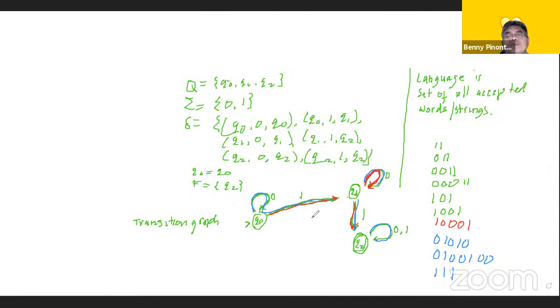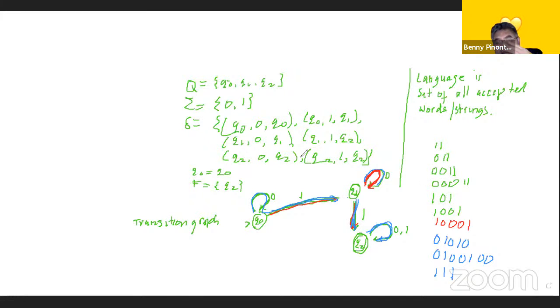Yes, it is accepted because you can just take this one, and then this one, and then you take that one. So there's a lot of strings that belong to the language here.